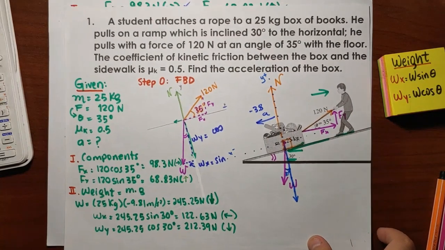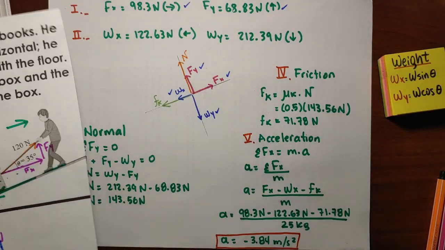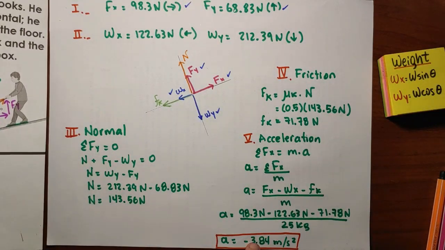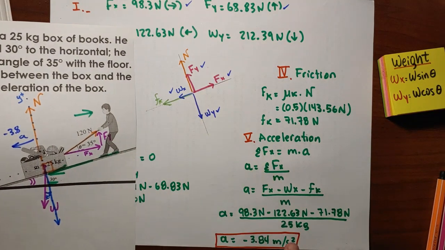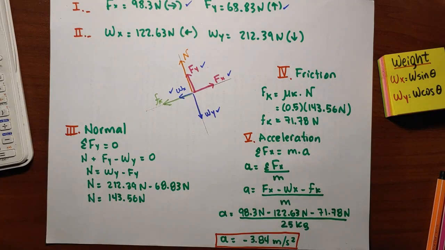But that's not part of today's topic. This is the acceleration that we got. That means that our box will move to the left instead of to the right. So the boy is incapable of pulling the box of books. That is a conclusion that you can write about it. So this is it, guys. Thank you.